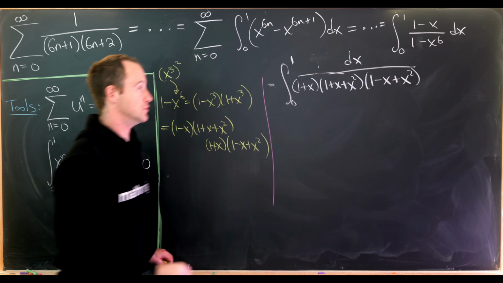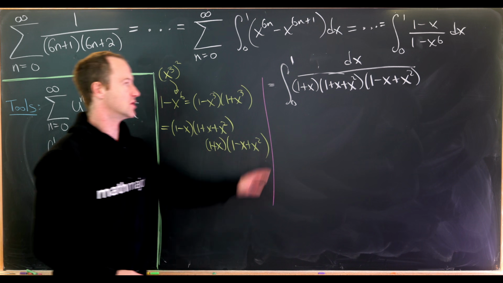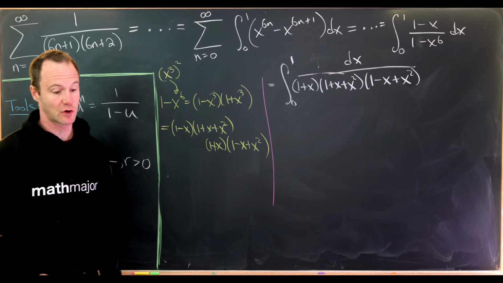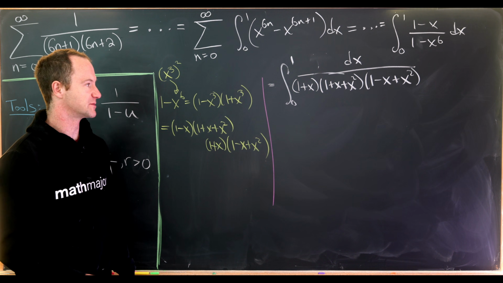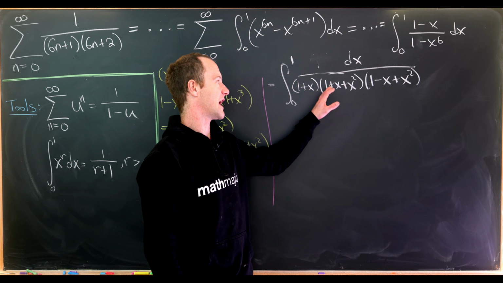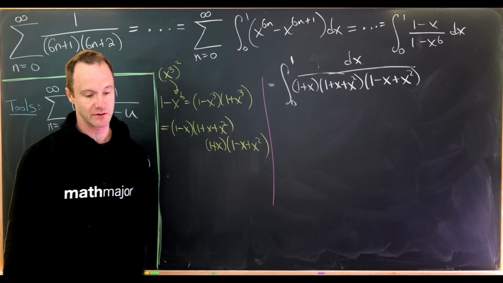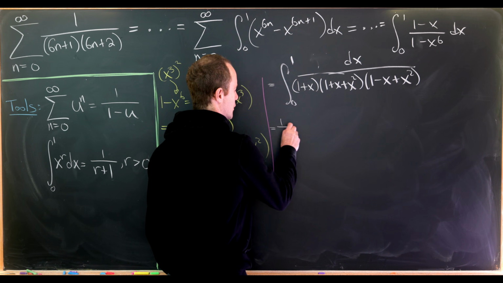And now we'd like to do partial fraction decomposition to simplify this. Notice we've got these two extra terms which require some simplification. Again, I won't work through the details, but I will point out that when you do the partial fraction decomposition, you have to have a linear term on top of these irreducible quadratics. So that's going to leave us with something like this.